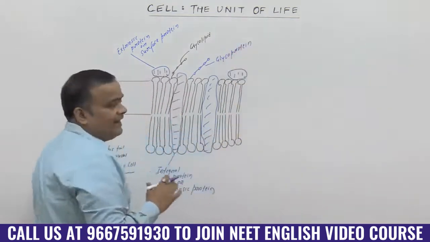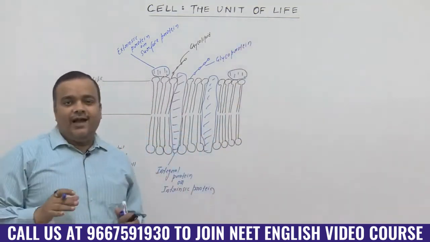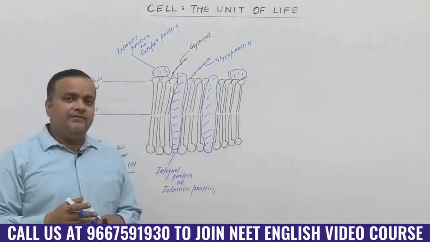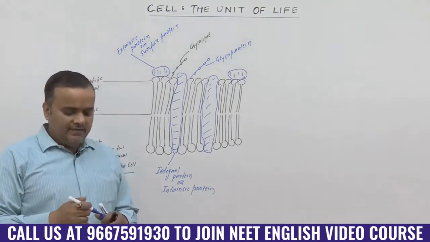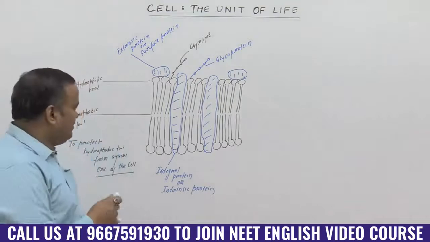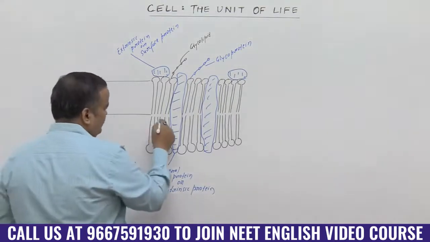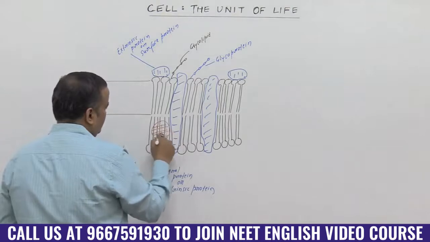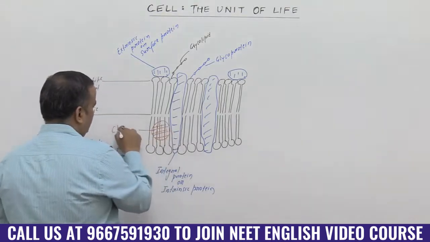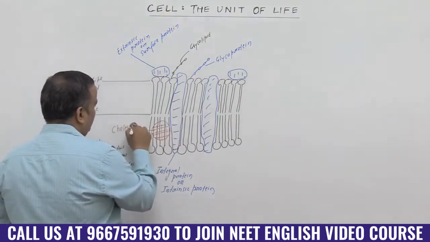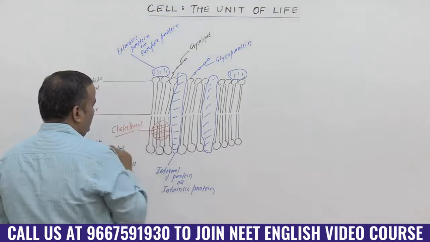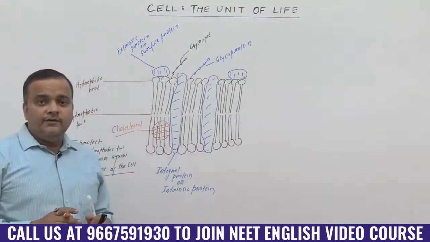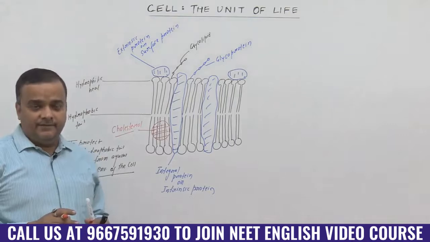Now, this glycoprotein and glycolipid act as surface antigen. That means different kinds of membrane will have different kinds of glycoprotein and glycolipid. Then in the membrane we also have cholesterol. Now, this cholesterol is responsible for the stability of the membrane.